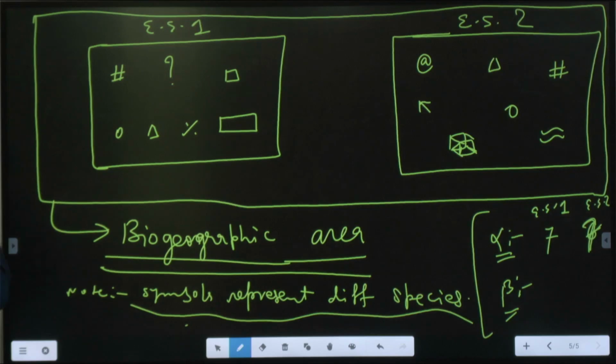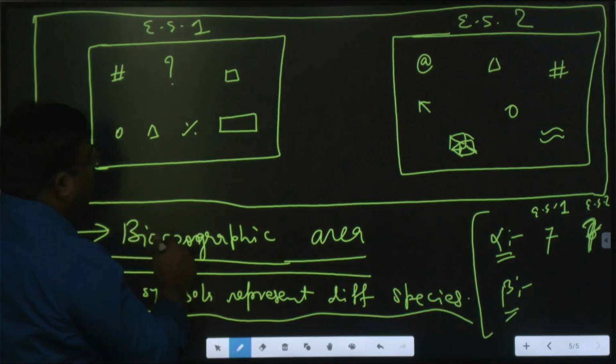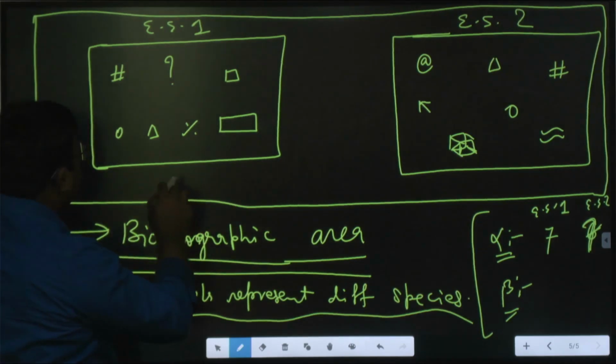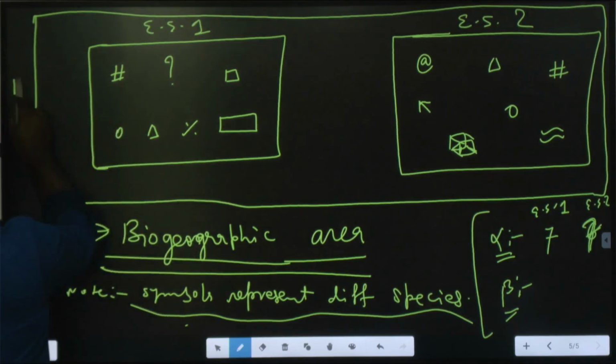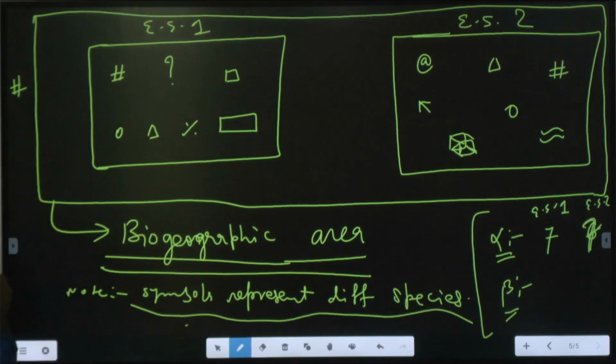So if we exclude this species, this one, and these three species, they are common in ecosystem 1 and 2. Yes or not?